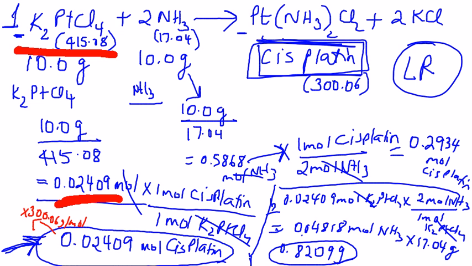Let's punch in those numbers on the calculator: 0.02409 times 300.06 comes out to be 7.228, 7.23. That will be the answer to part C.